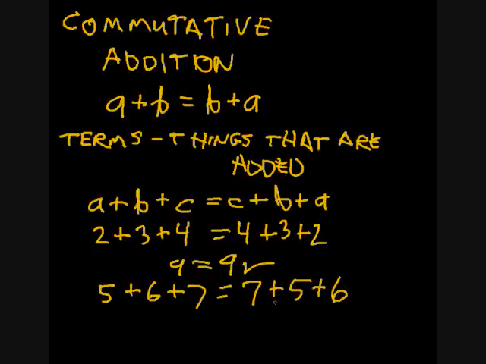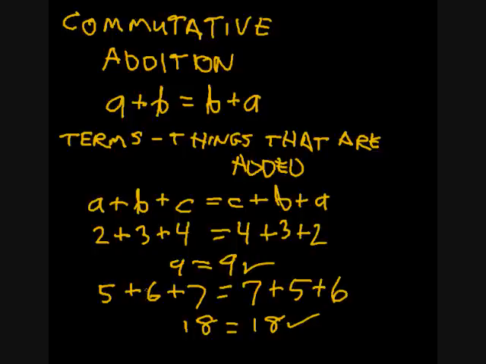And the result should still be the same sum. So let's try it. Here's 11 plus 7, that's 18. And 12 plus 6, that's 18. Sure enough, it seems to work. So the commutative property says that we can rearrange the way we add things together and we'll still get the same sum.